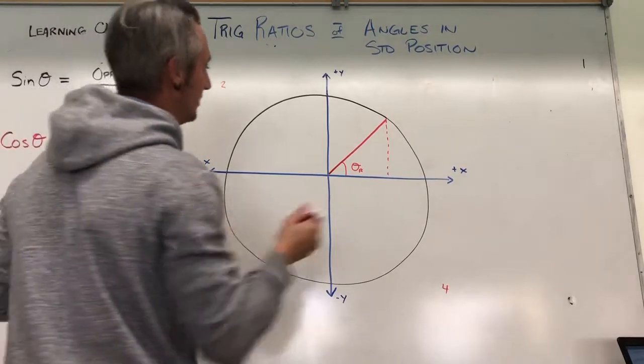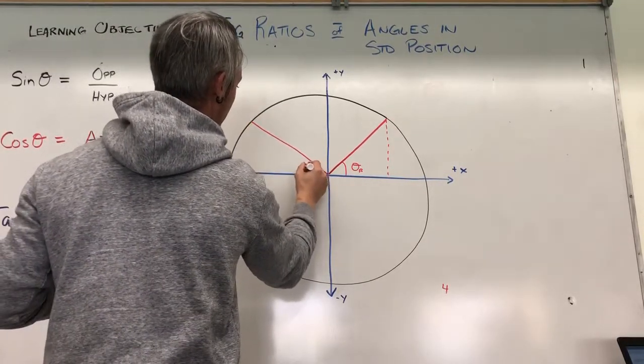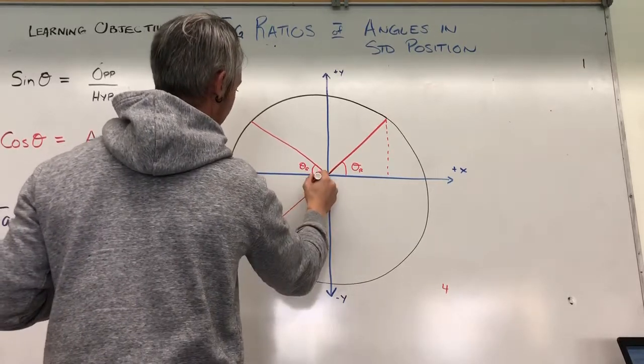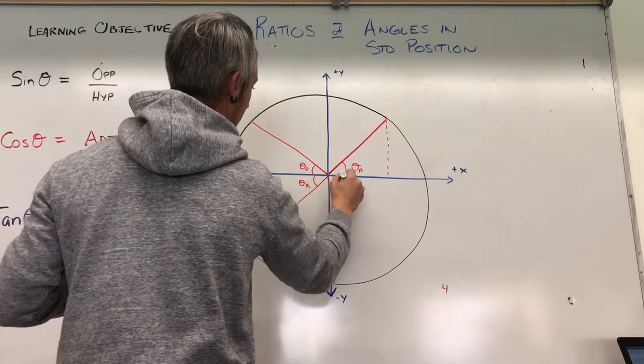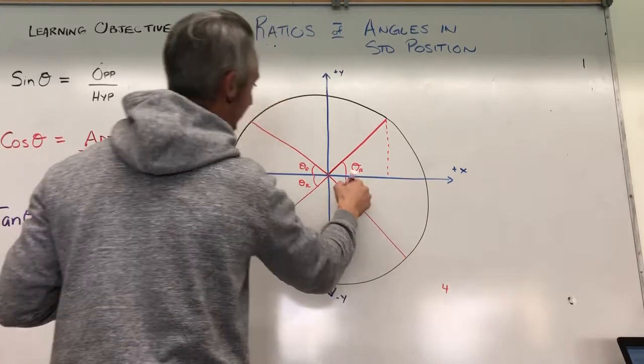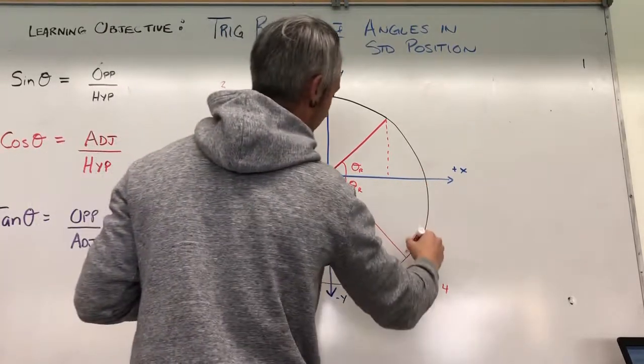Okay? So we have an angle there. There's going to be a reference angle here, and a reference angle here, and a reference angle here. In this case, all four of these angles are the same.